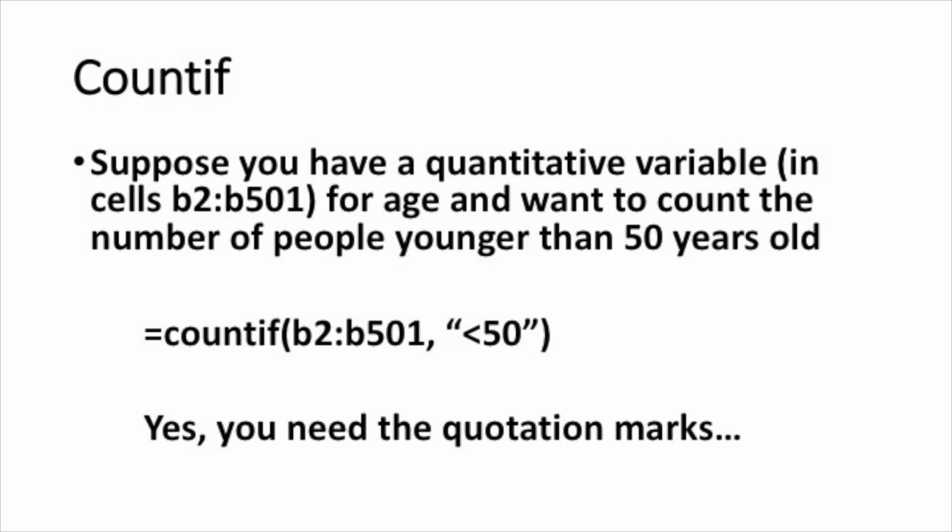So you're telling Excel to look in the cells between B2 and B501. Then you put in a comma. Then you put in a quotation mark, and yes, the quotation mark here is important, less than 50, and then another quotation mark, and then you close the parenthesis, and you'd hit enter. Then Excel would tell you how many observations it found between B2 and B501 that are less than 50.